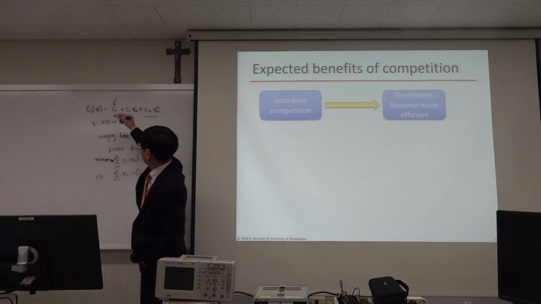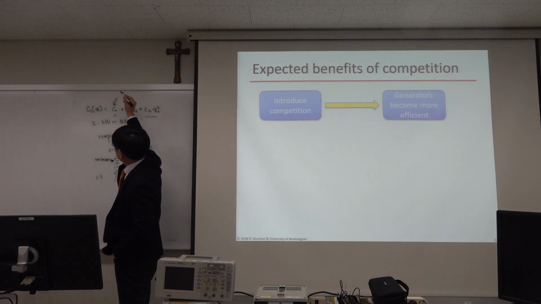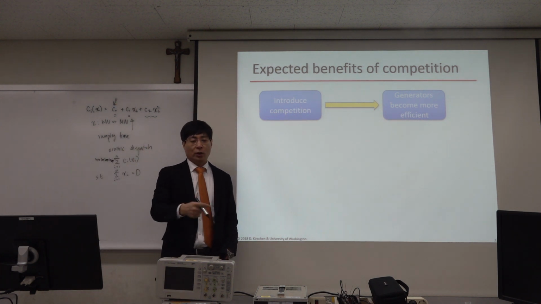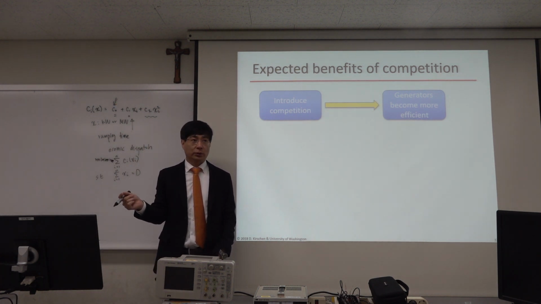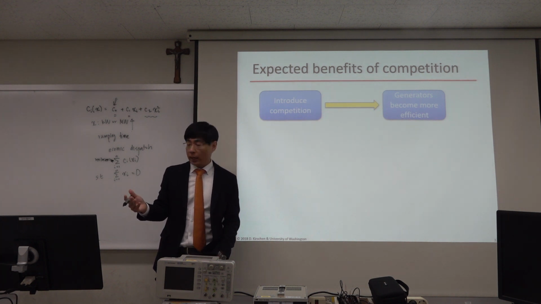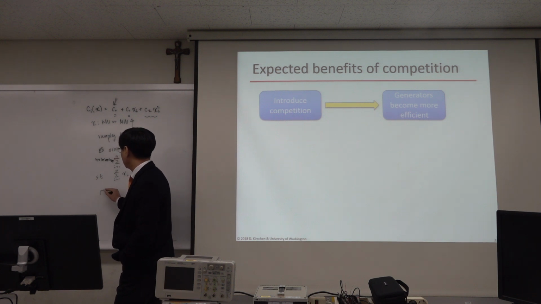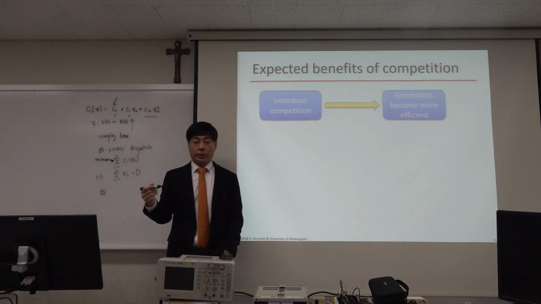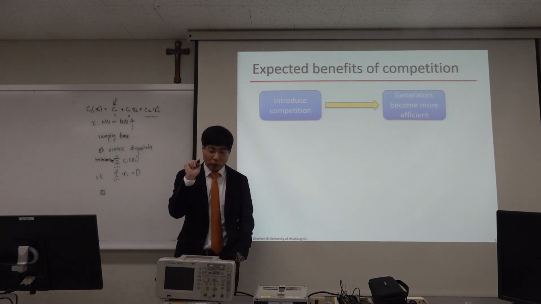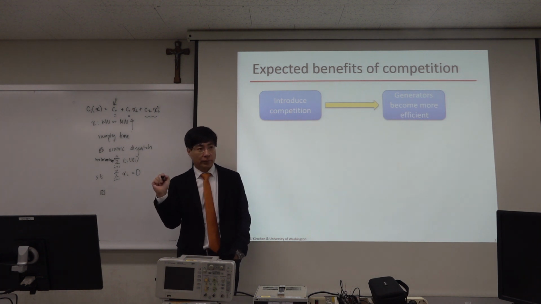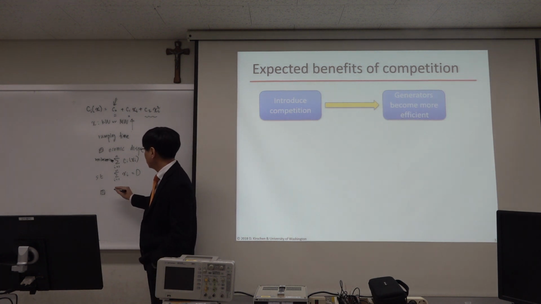But now we have this term, and we may not need to turn on all the generators to minimize the cost. And that requires the decision of which generators to turn on and off. So that problem is called unit commitment.